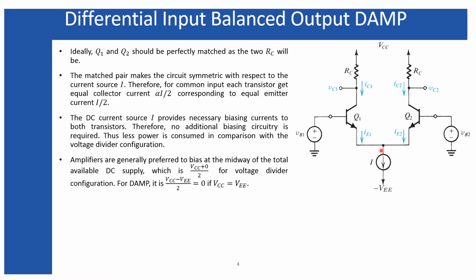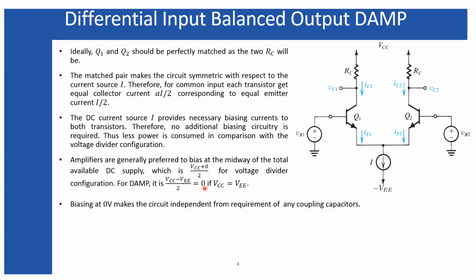But in case of differential amplifier, since the total available voltage is VCC plus minus VEE, that appears as VCC minus VEE divided by 2. And if VCC and VEE are equal to each other, then you can have the biasing voltage at 0 voltage.